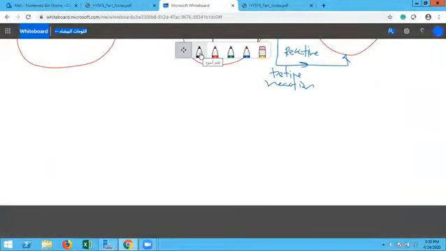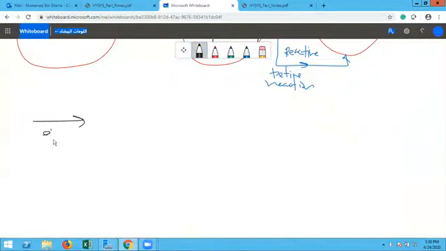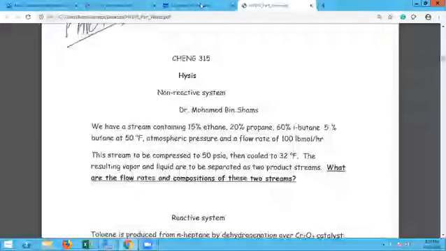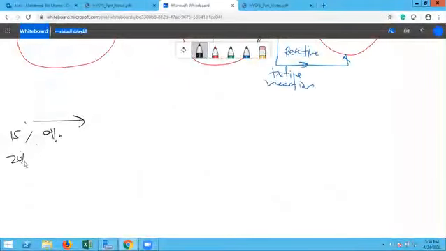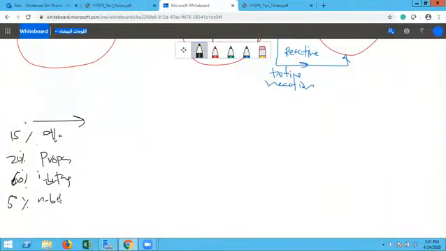I have a stream that contains ethane, 15% ethane, and 20% propane, C3, and 60% isobutane, and 5% normal butane.